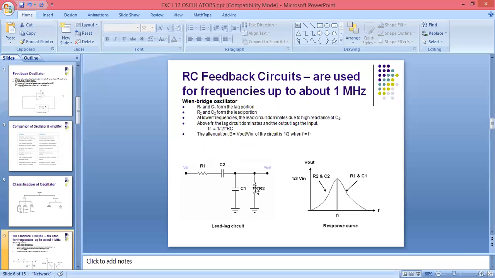And if we are using firstly resistor and then capacitor, then we call that the lag network. And if we are using lead as well as lag, you can see here first resistor then capacitor, meaning I have used the lag network. First capacitor then resistor, so I have used the lead network also. So this is the lead lag network and this is the response graph for the output voltage with respect to the frequency.